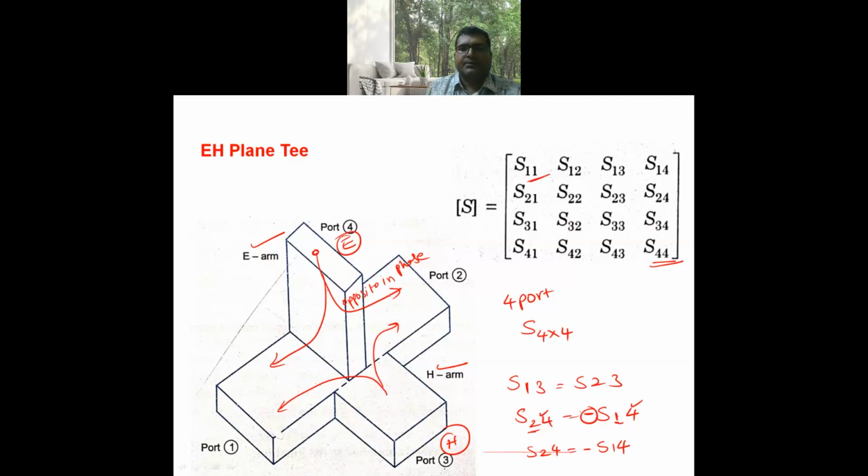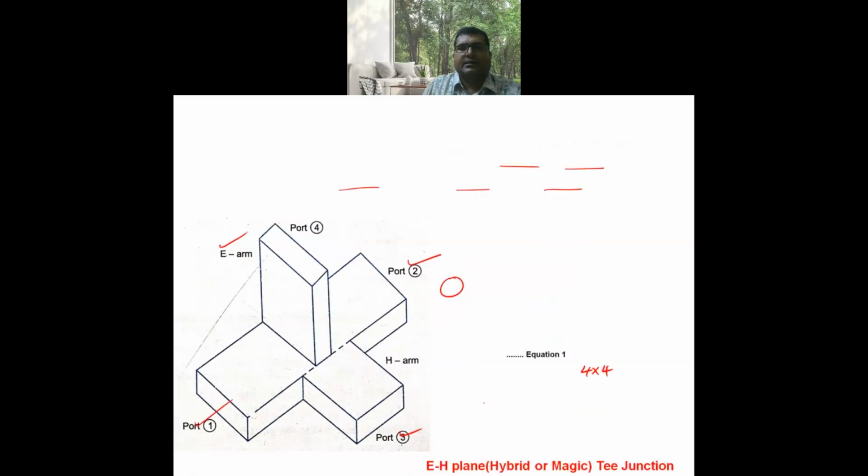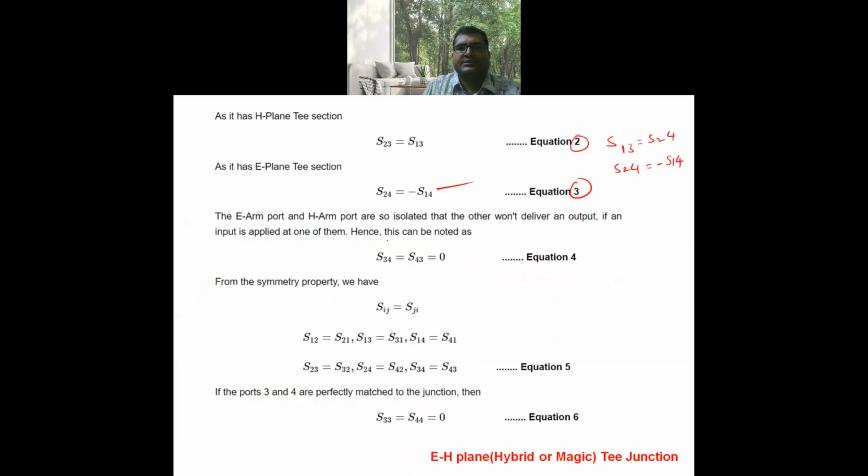Means if power is applied at port 3, there is no power received at port 4, and if power is applied at port 4, no power is received at port 3. What it means is 3 and 4 are isolated ports. So we can rewrite the property as S34 equal to S43 equal to 0. Let it be equation number 4.